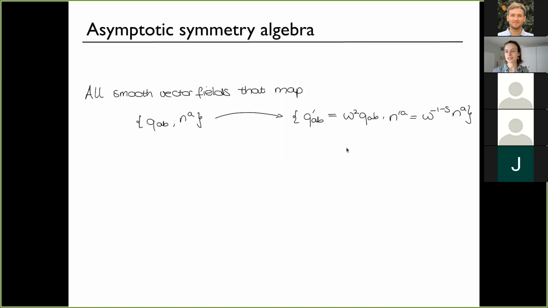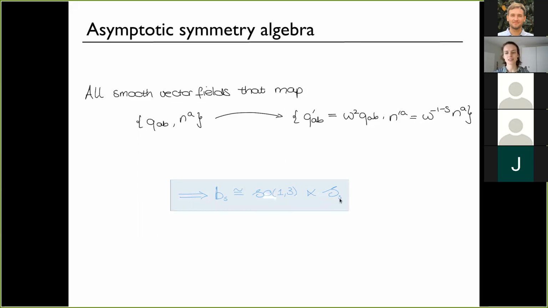Since the universal structure is very similar, except for that minus s, you can imagine that if you do the analysis, you find that the asymptotic symmetry algebra is very similar to the BMS one in the asymptotically flat case. We find that it is the Lorentz algebra, semi-direct product with supertranslations.